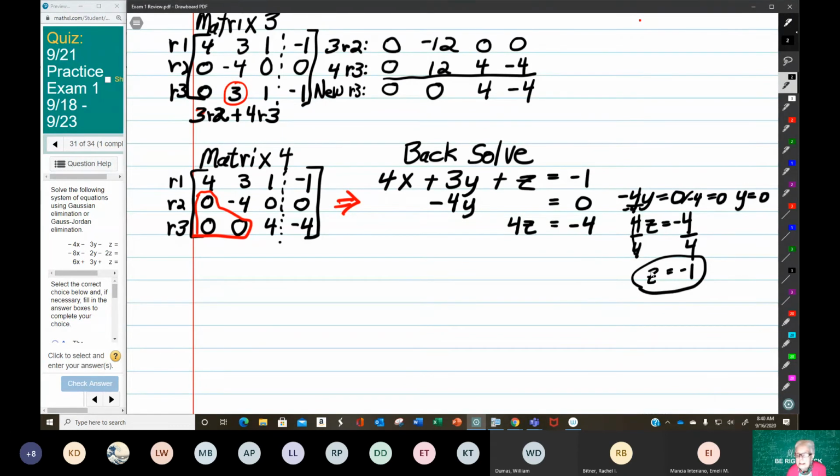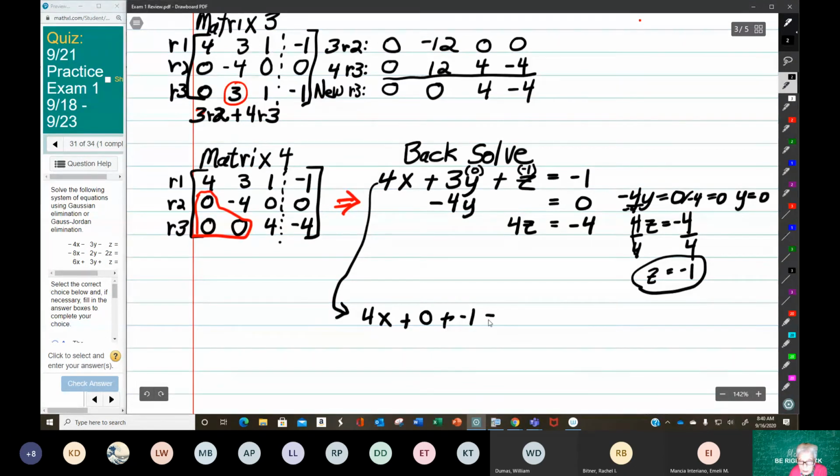Okay, now, z is -1 and y is 0. I'm going to go up here and put a 0 in for y and a -1 in for z. So what that's going to give me is 4x plus 0 plus -1 equals -1.